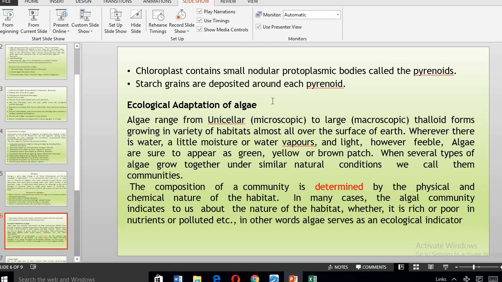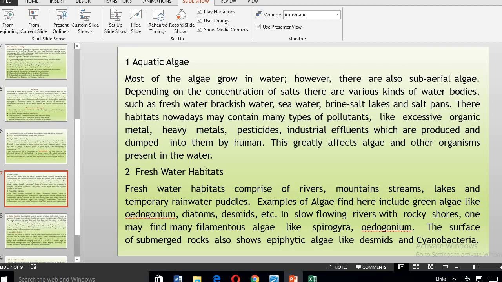In many cases, the algal community tells us what is happening within the habitat, or indicates the nature of the habitat, whether it is rich or poor in nutrients, or polluted, and so on. In other words, algae serve as an ecological indicator. Now, the first habitat that algae will occupy is an aquatic habitat, and therefore we will have aquatic algae.